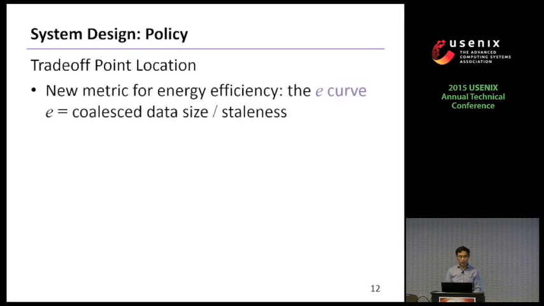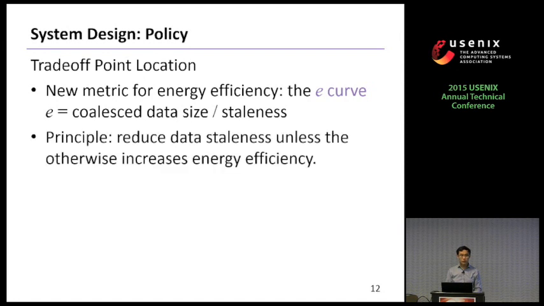Just now, I already introduced the metric, the ratio, we call it E, and the E curve. And even though we assume the in-memory store is reliable, users still don't want to lose data, right? So our principle is that we'll try our best to reduce data staleness, unless there's good reason not to do so.